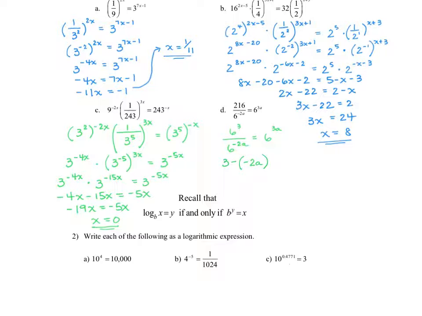So it'll be 3 minus a negative 2a equals 3a. It'll be 3 plus 2a equals 3a. When I subtract 2a from both sides, I'll get 3 equals a.